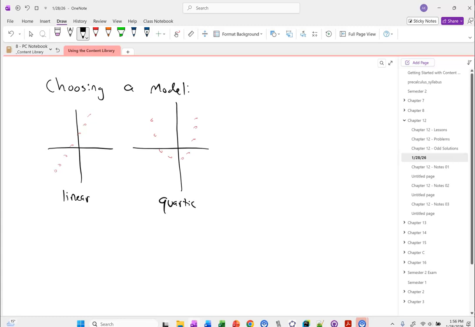A parabola, right? If my data looks like this, where I have two bends, it's probably going to be cubic.